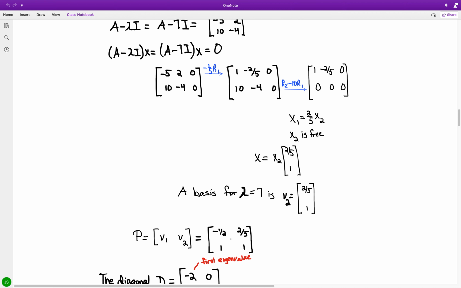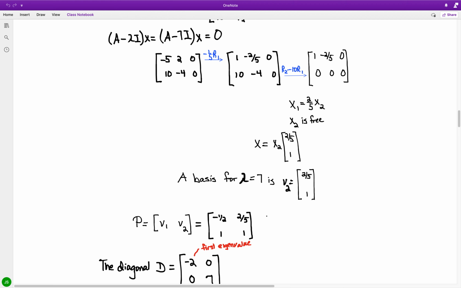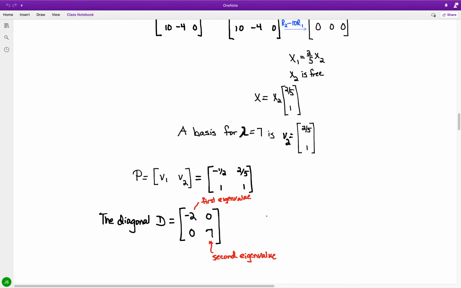With both bases, we have -1/2, 1, which corresponds to the eigenvalue lambda equal to -2. And for the second column, we have 2/5 and 1, which was the eigenvector corresponding to the eigenvalue at 7.